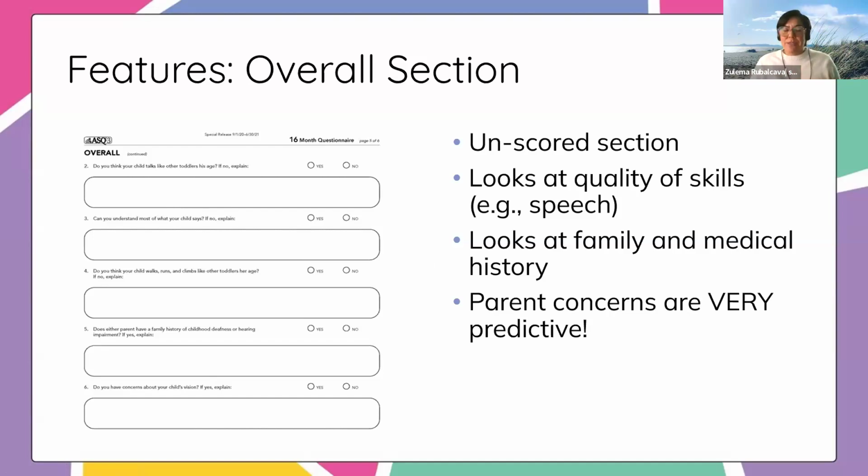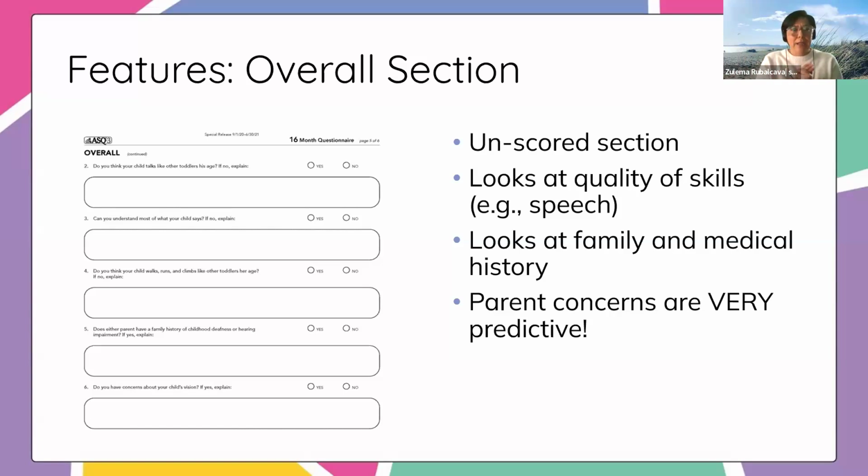It also asks questions about any other concerns. And we know there is a gut instinct that families have, right? Parent concerns are very predictive. They have done research around parent and family instincts that identified concerns a lot earlier than even pediatricians.